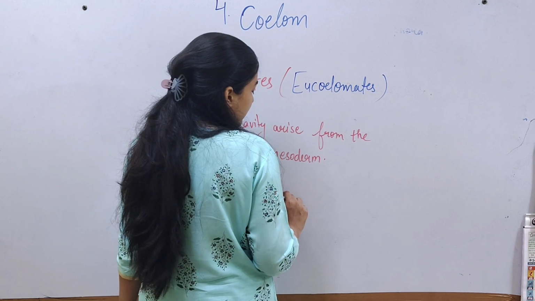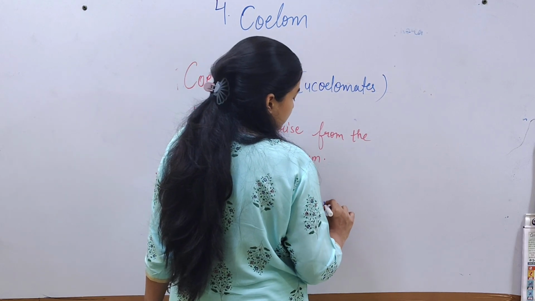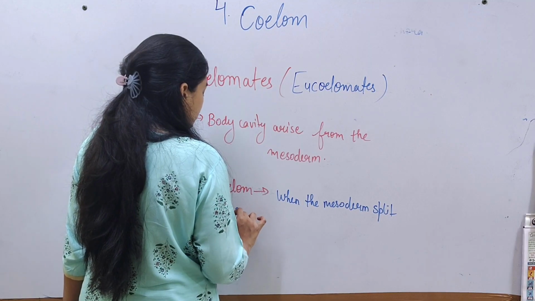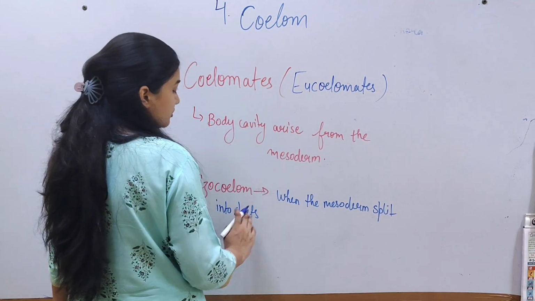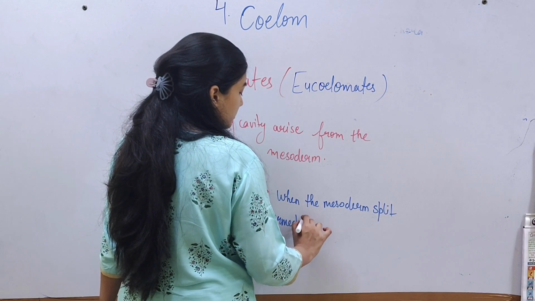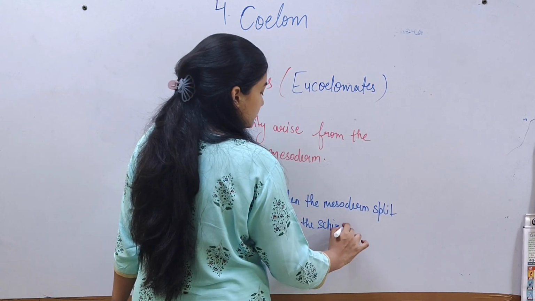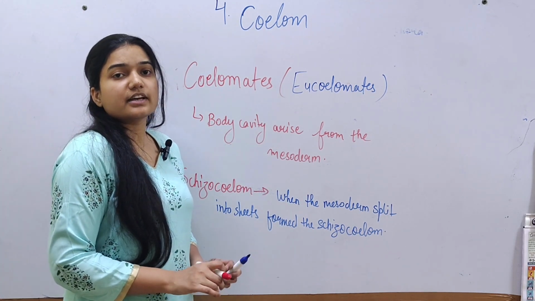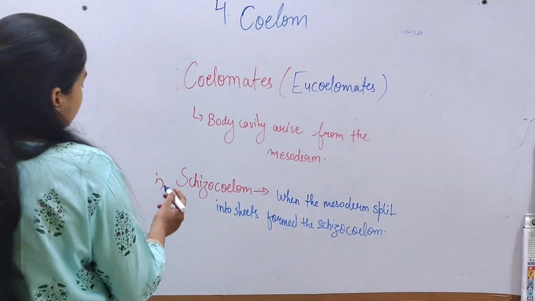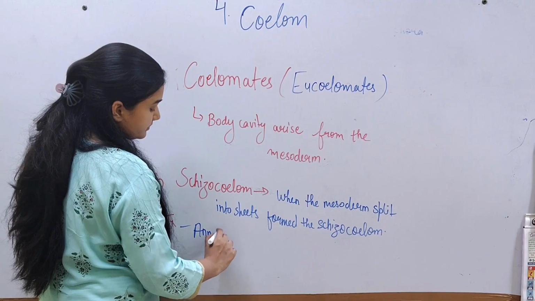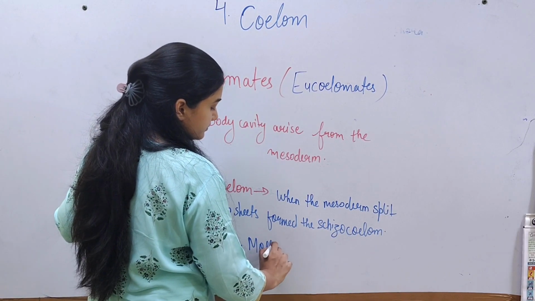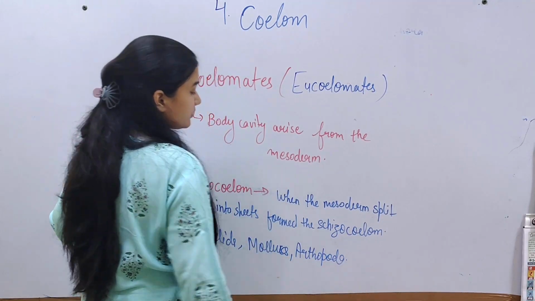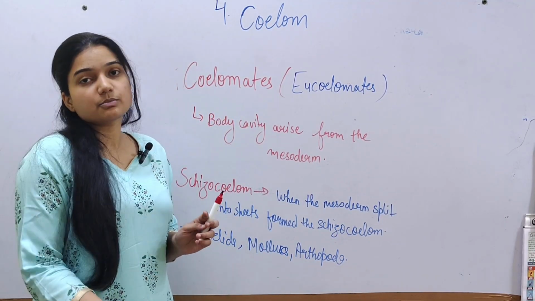The examples of schizocoelom are annelids, molluscs, and arthropoda.